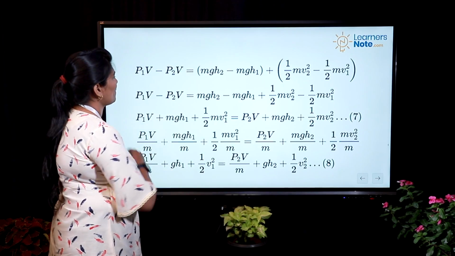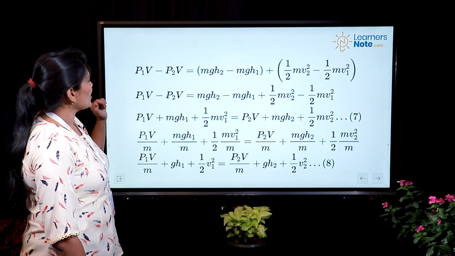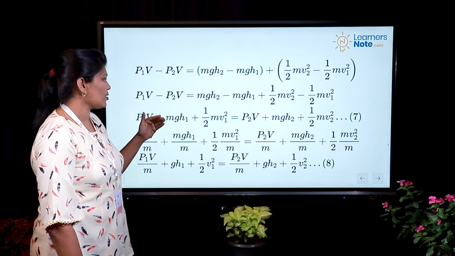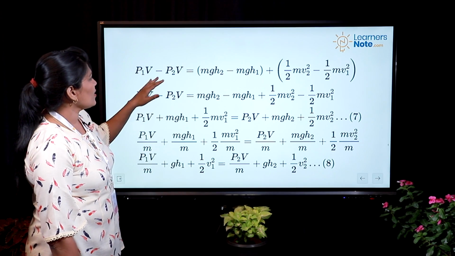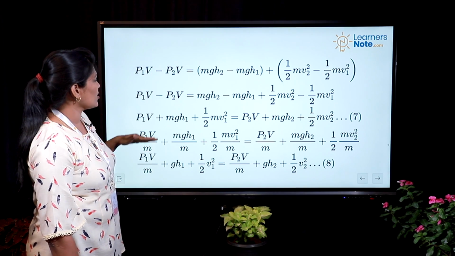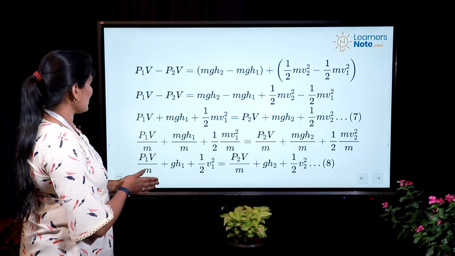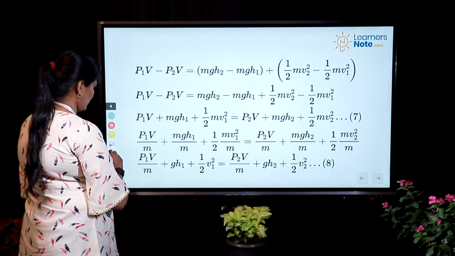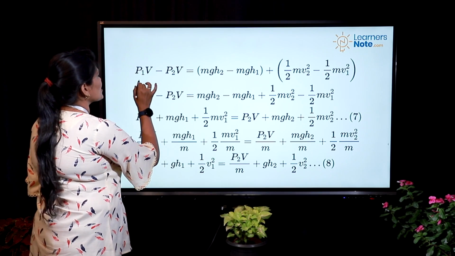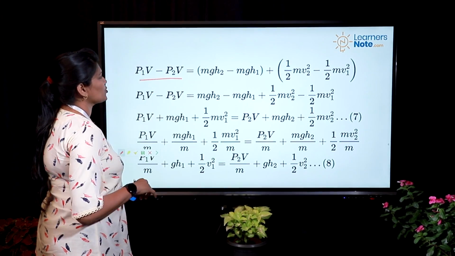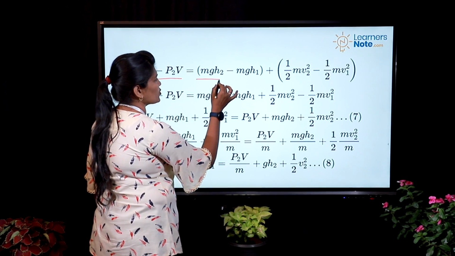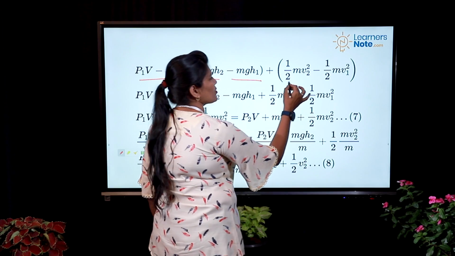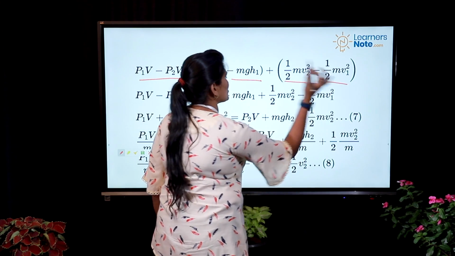Then we can make some rearrangement to get a better representation of this Bernoulli's equation. For that we are rearranging this equation. We can see that P1V minus P2V is equal to mgh2 minus mgh1, and here half mv2 square minus half mv1 square.